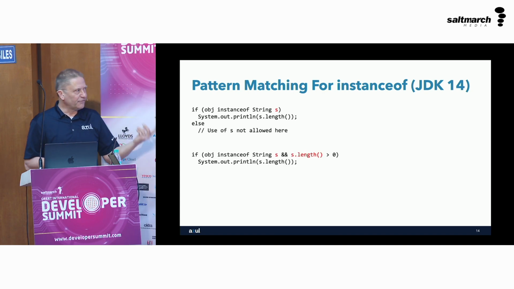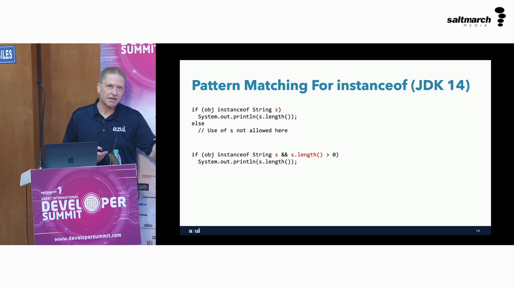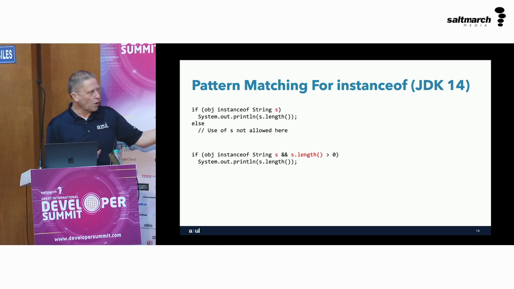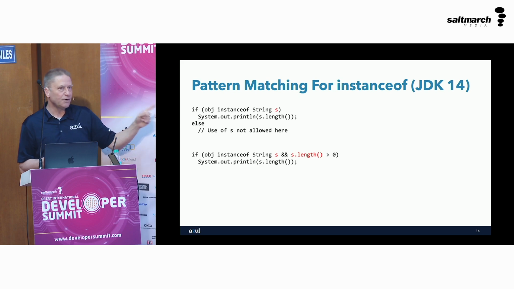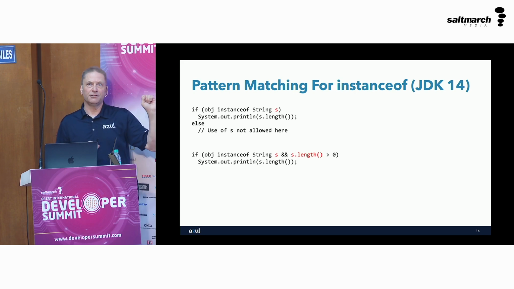But we can extend that a little bit further, and we can say if obj instanceof String s and put a test after that to say is s.length greater than 0. Now this will work quite happily because we know the way that the AND operator works is to always evaluate the left-hand side of the operator, and only if that evaluates true do we evaluate the right-hand side of the operator.